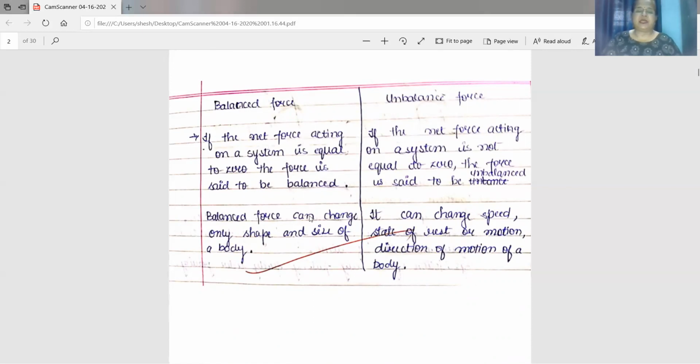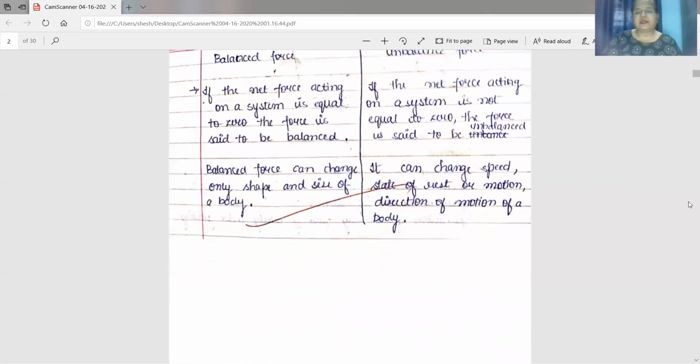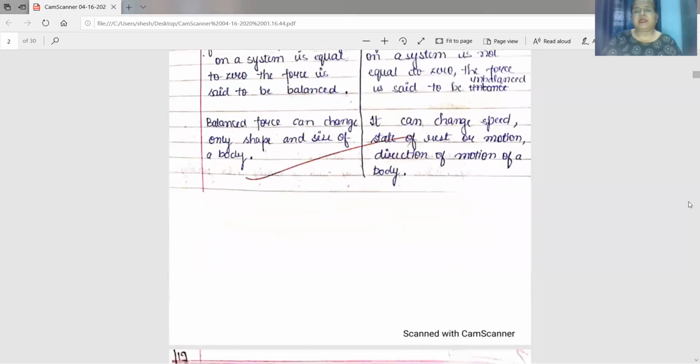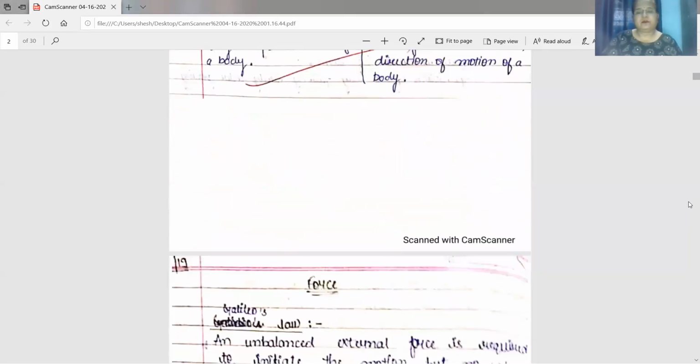Balanced force can change only the shape and size of an object, whereas unbalanced force can change the speed of the body, state of rest or motion of a body, and direction of motion of a body. All these you have read in class 8. It is simply a revision.